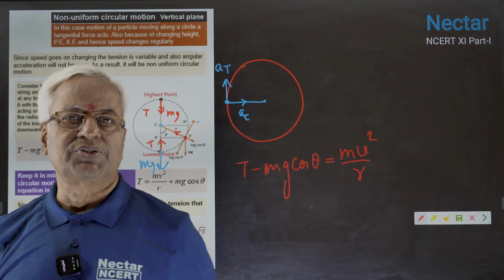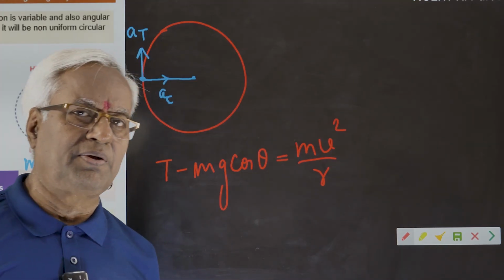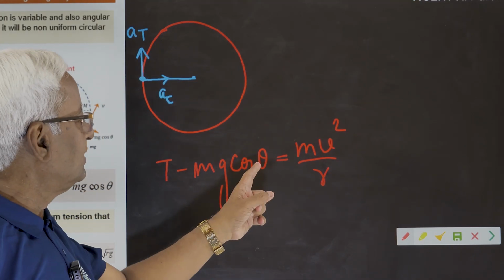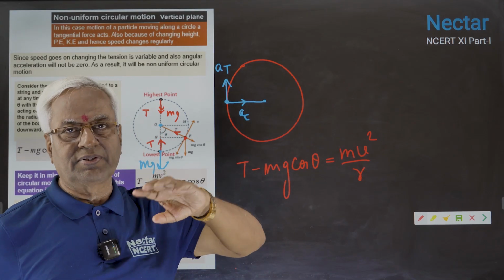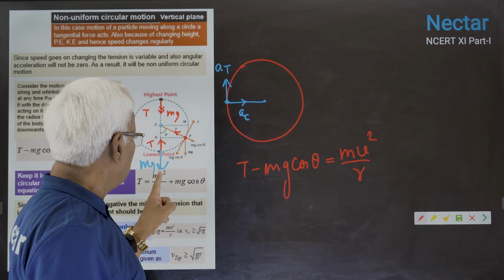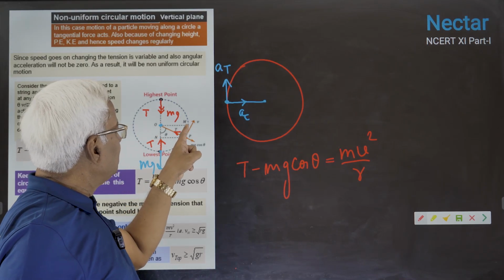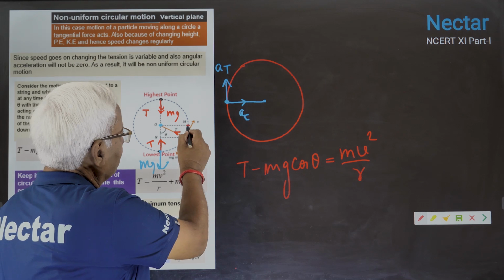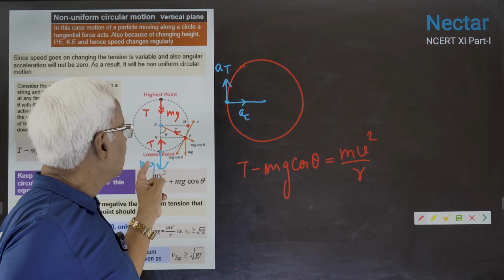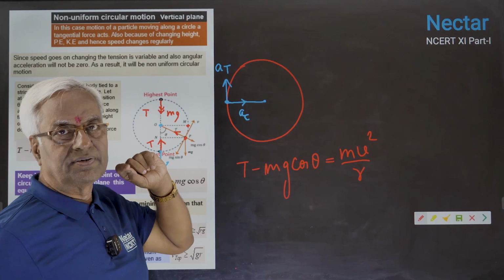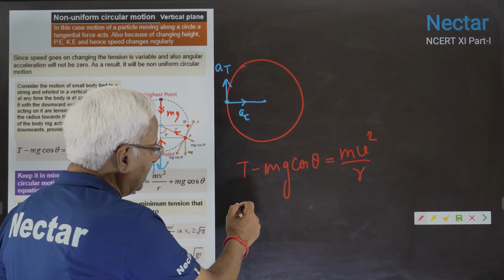This is such an equation that could be used anywhere by putting the different values of theta. You may choose any point. For example, if you consider theta 0, you reach over this lowest point. If you consider theta 90, you are here at this point. Similarly, by taking 180, you will be here at the highest point. So it could be remembered.